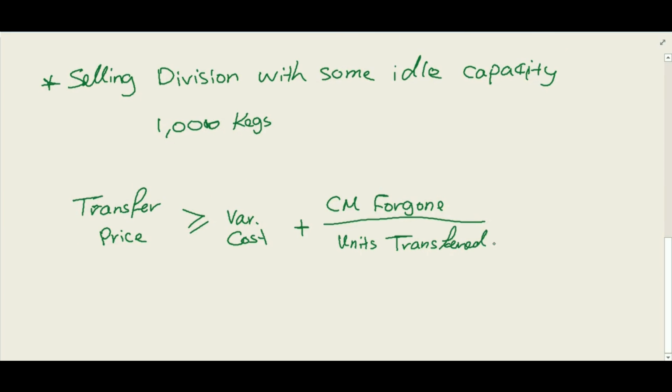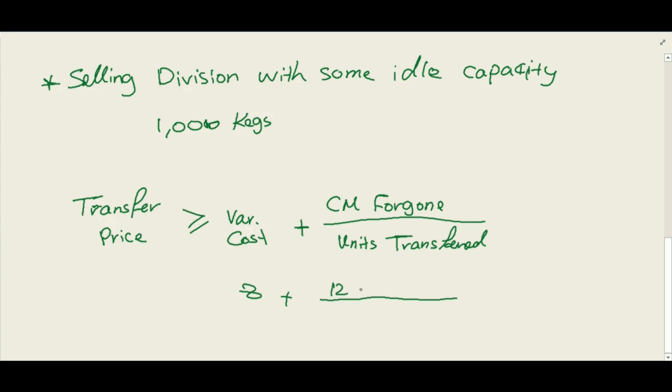So variable cost, as we said, is $8 plus, since they have 1,000 kegs of capacity already idle, they need only to cancel 1,000 from the outside market.